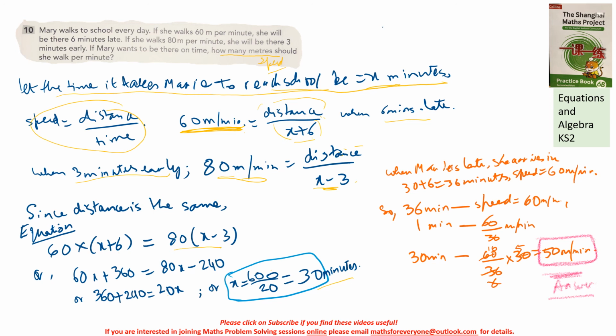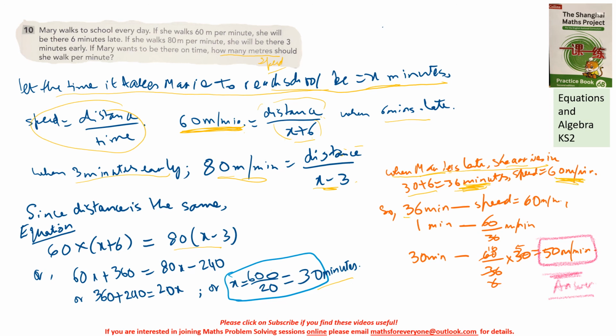What I thought we could do is say that when Mary is arriving late, she arrives in 30 plus 6 minutes. So in 36 minutes, the speed is 60 meters per minute.